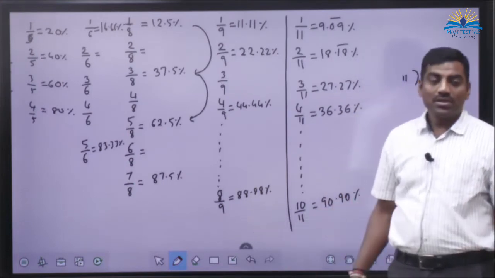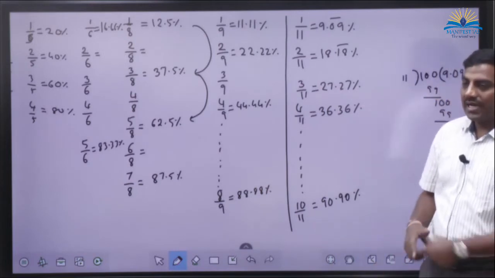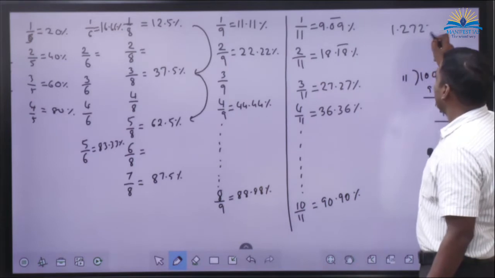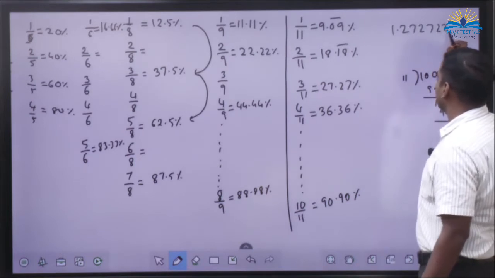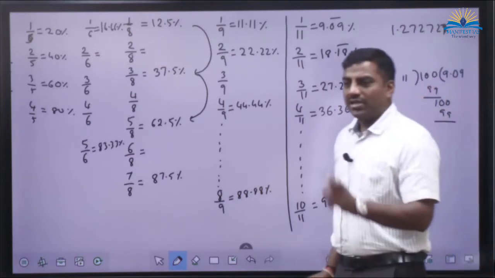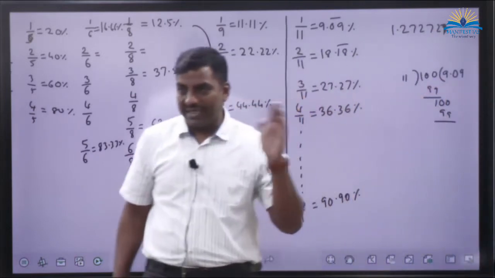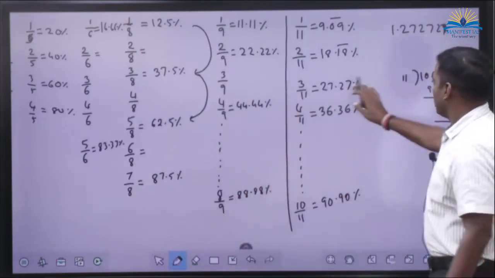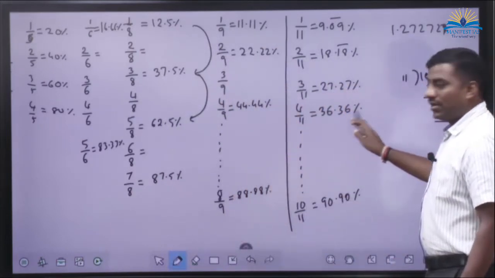One question has come with respect to this only. They had given 1.272727. So when 272727 is repetitive, what do you expect in the denominator? 11.